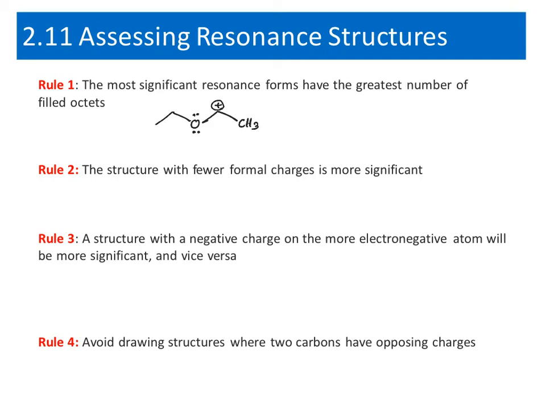Okay, and let's draw the resonance structure for that. So I can recognize the pattern: a lone pair of electrons next to the carbocation. And oxygen with 3 bonds is positively charged.